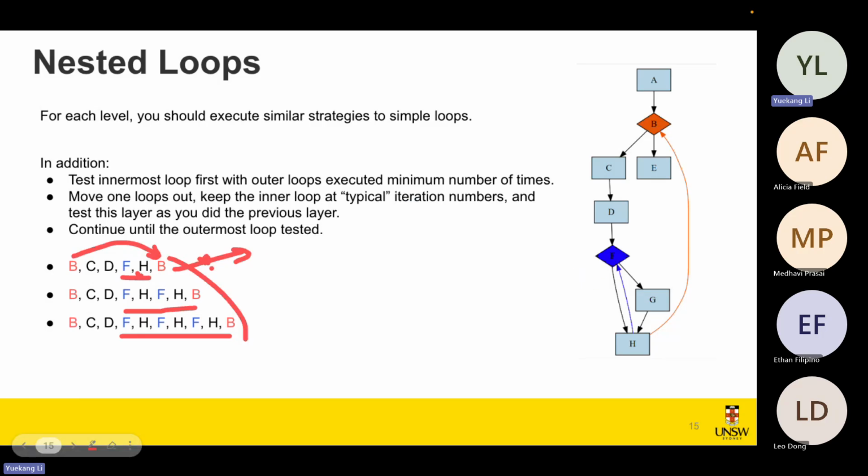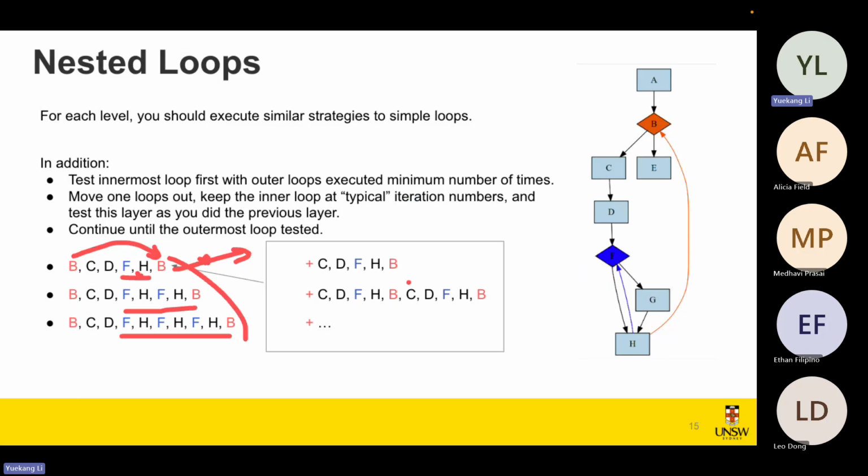So we just select a typical value or just a normal value for the innermost loop and try to expand it with multiple iterations with some special number of iterations for the outer loop. So in this case, for the outer loop, we can take it 0 times, we can take it 1 more time, we can take it 2 more times, and so on. So we just try out the special values for the outer loop as well. So this is the case here.